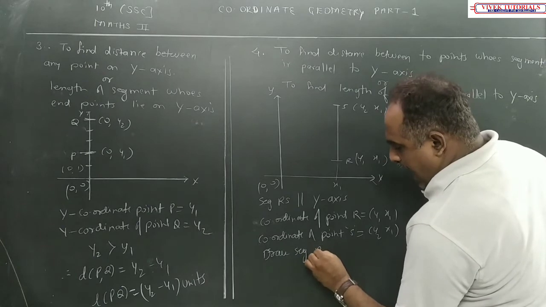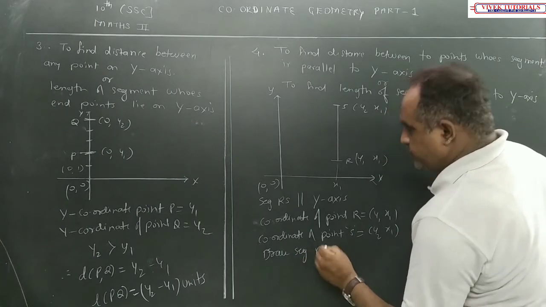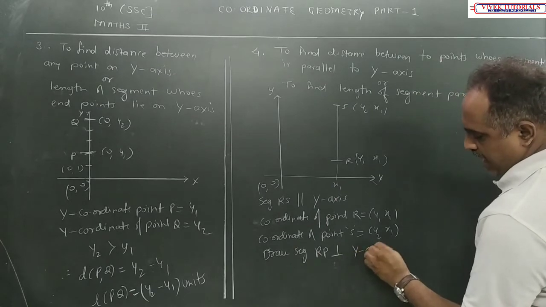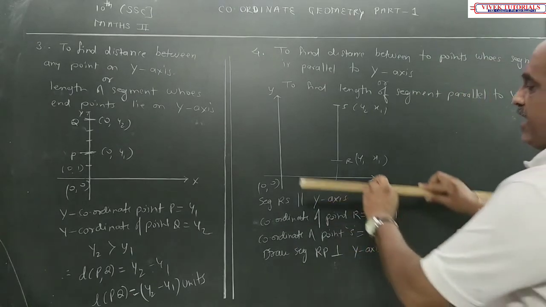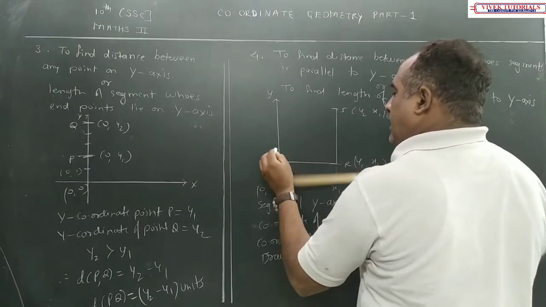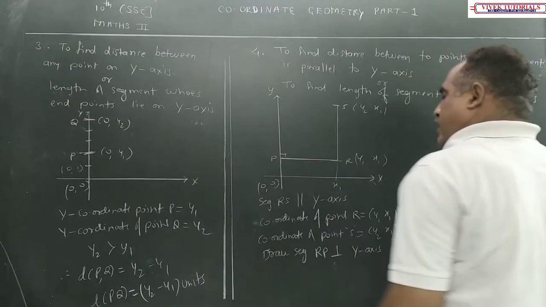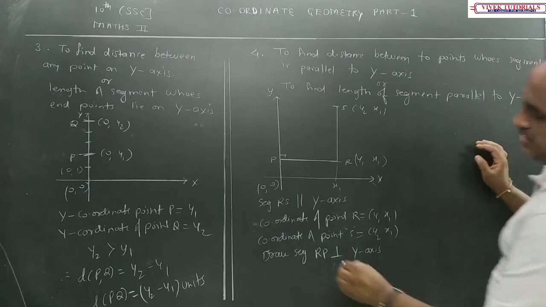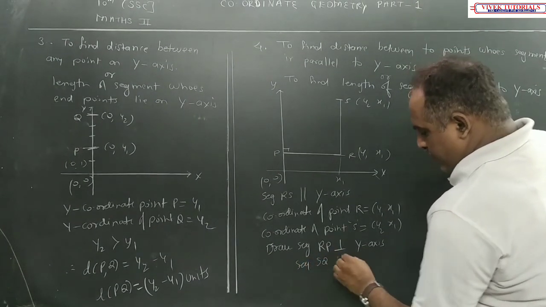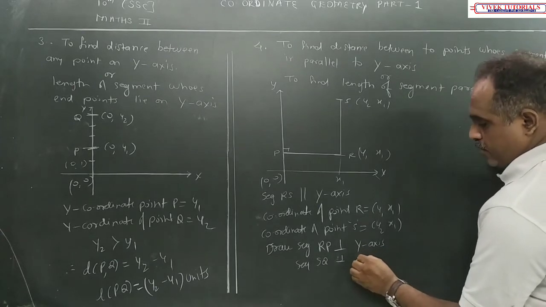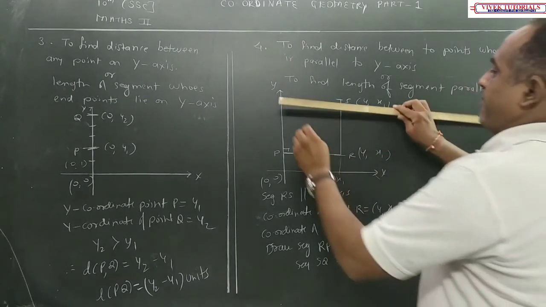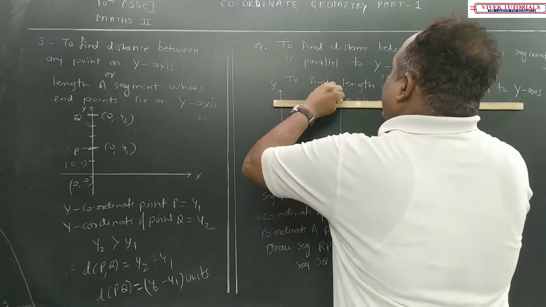Then what I can do is draw segment RP perpendicular to y-axis. So if I draw RP perpendicular to y-axis and segment SQ perpendicular to y-axis.